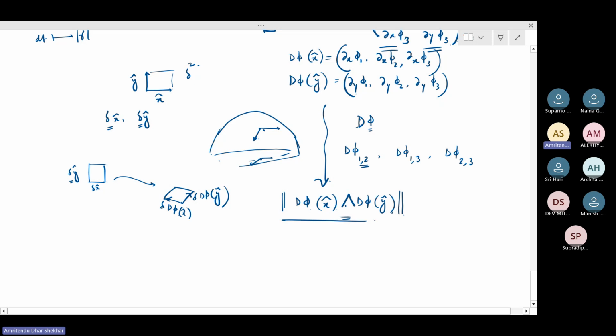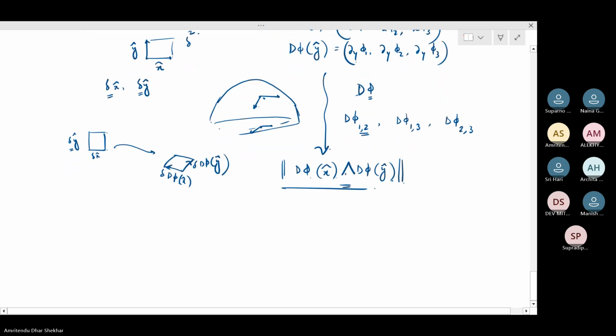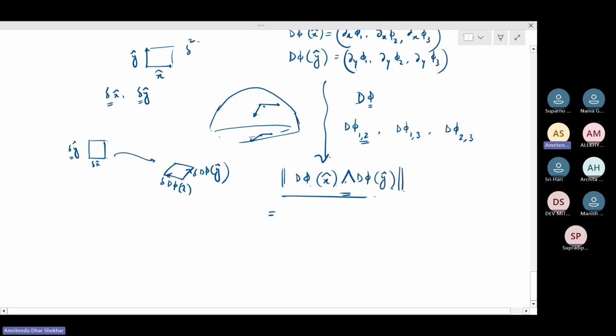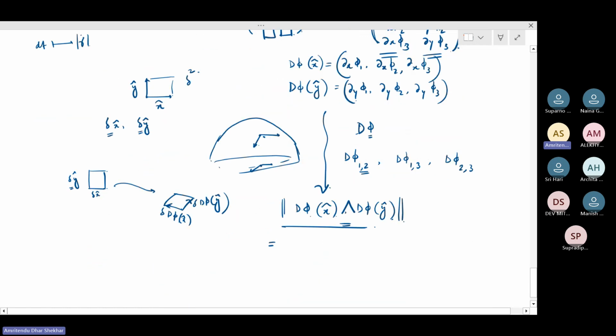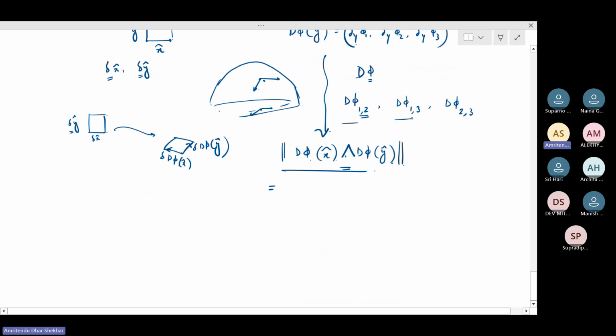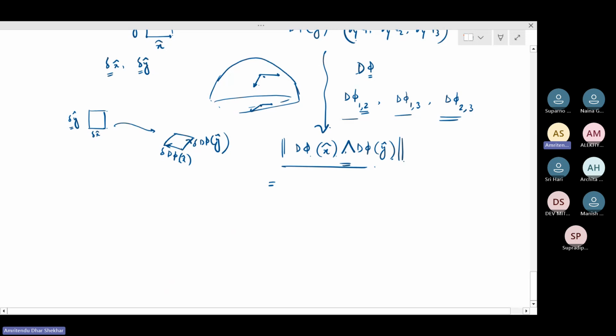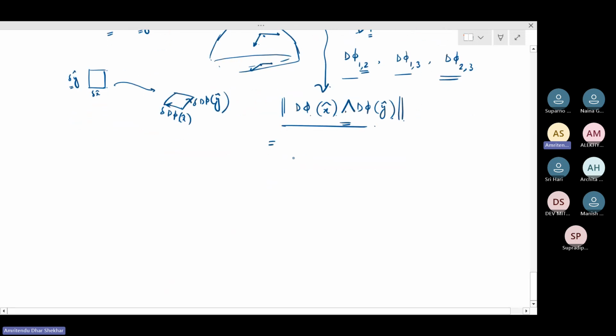Okay, to compute this thing, what you do is that you consider all 2 cross 2 submatrices of them. Let's say d phi 1 2, d phi 1 3, and d phi 2 3 are those 2 cross 2 submatrices. And then you take the square of their determinants.